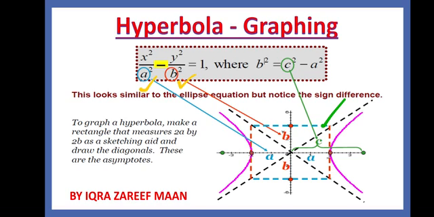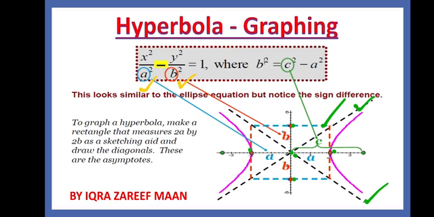Here we draw this b value, and we use the value of a, and by using this we draw the asymptotes, these 2 asymptotes passing through the diagonals of this rectangle.